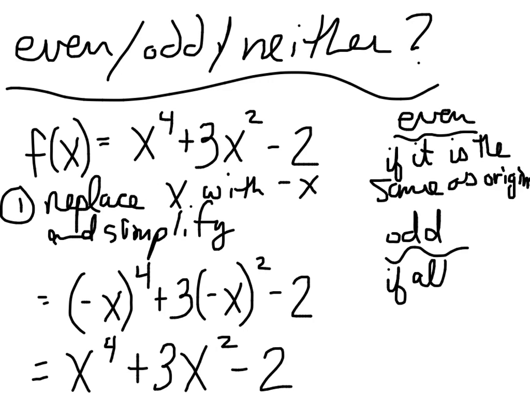If all signs change, then it's odd. So how does this relate to the original problem?